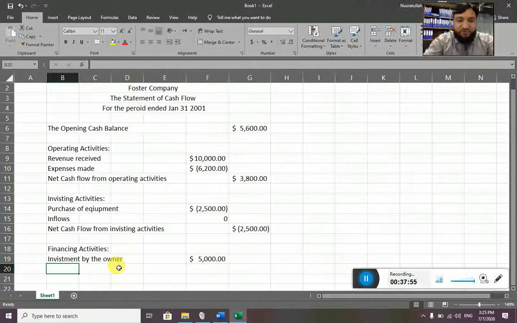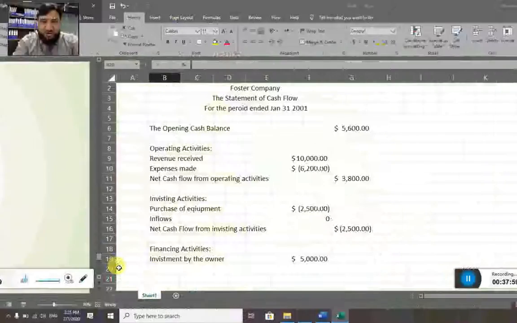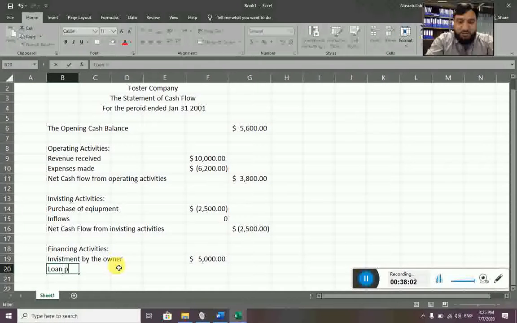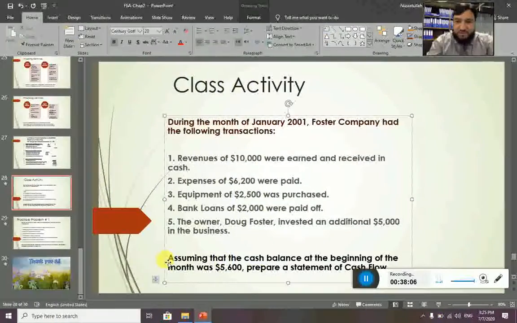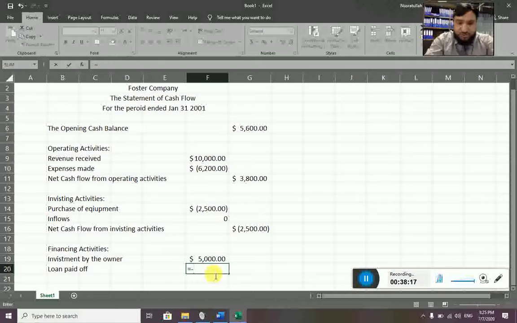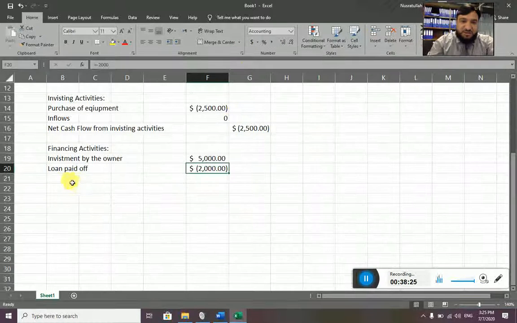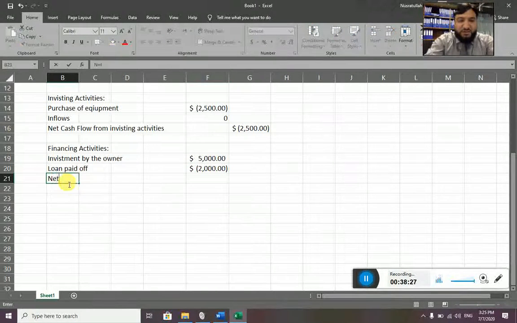Next we have the outflow activity, that is loan paid off. How much loan is paid off? 2,000. Let's do formatting. That is an outflow, so we'll put a negative figure to show that this is the outflow, -2,000, dollar sign. Now let's find out the net effect of inflows and outflows.